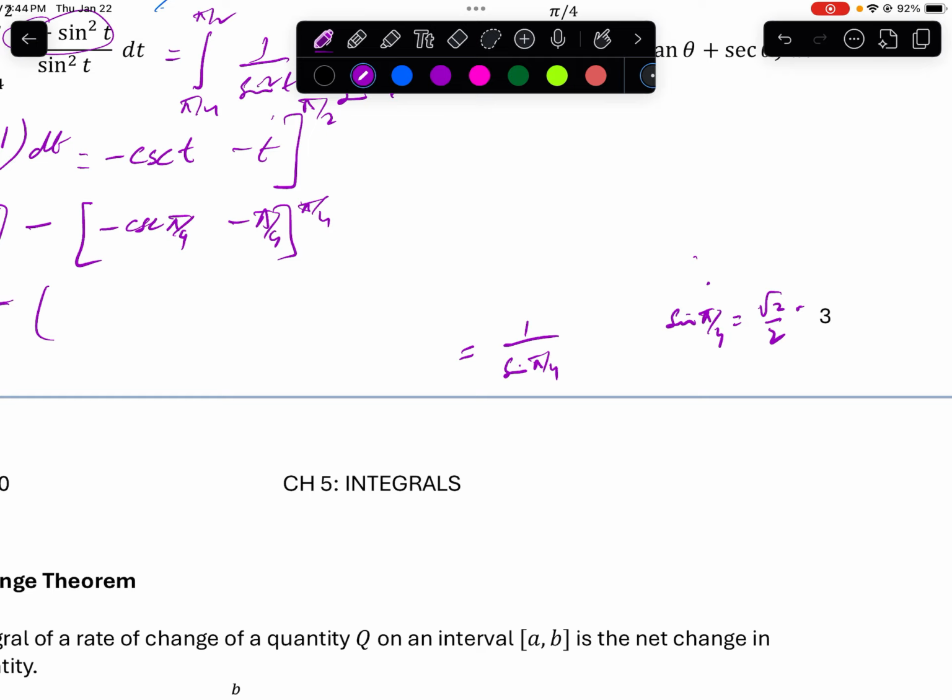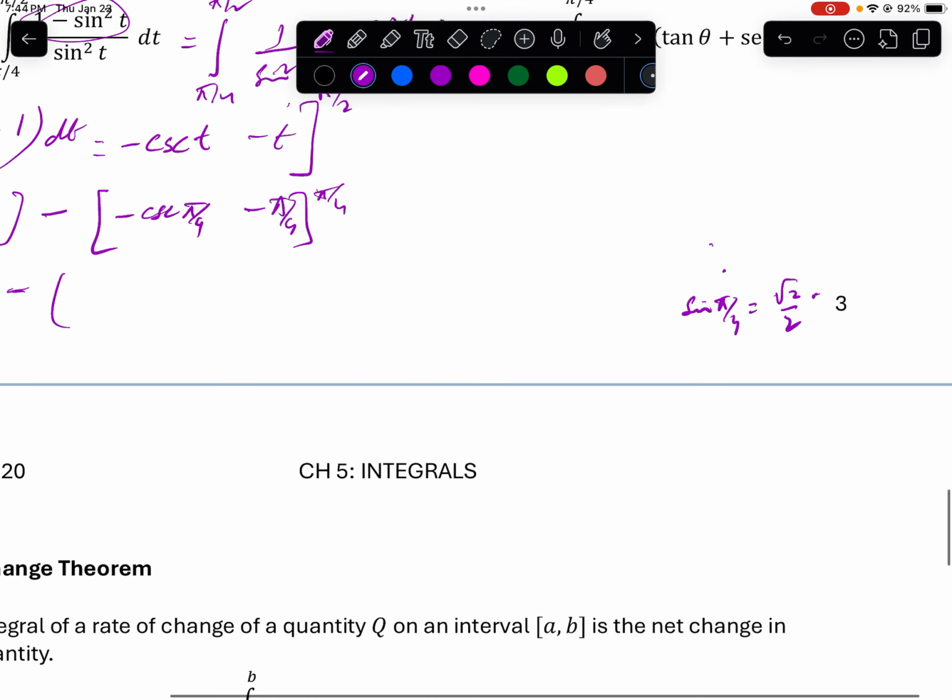So 1 over sine of pi over 4 will be 1 over square root of 2 over 2, which will then become 2 over square root 2, and then you can rationalize the denominator and simplify the answer. So it's your choice how you do it. Let me do it this way so you can understand what is happening.